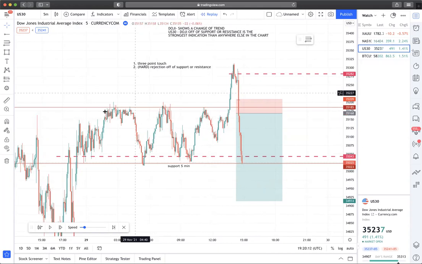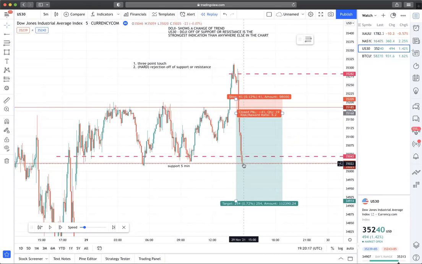Now, this is where it gets interesting because we're right here at the level of support. If we break out, I would put in another trade for a sell and I would move my stop loss.